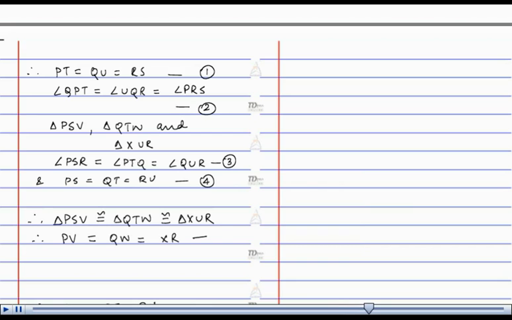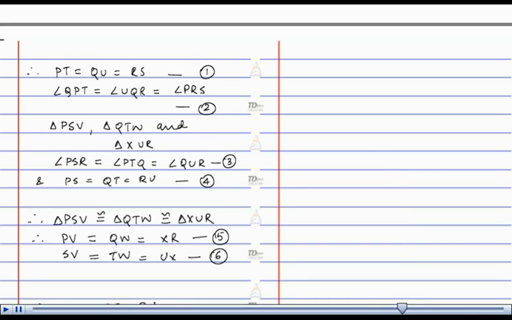Call this equation number 5. This we get because these are the corresponding sides of the congruent triangles. Also, we get SV is equal to TW is equal to UX. Let us call this equation number 6.